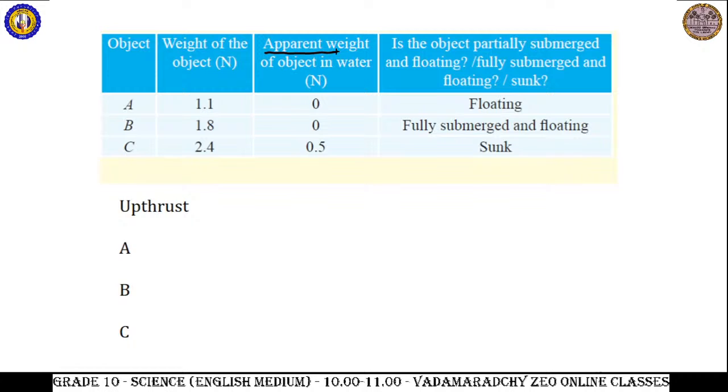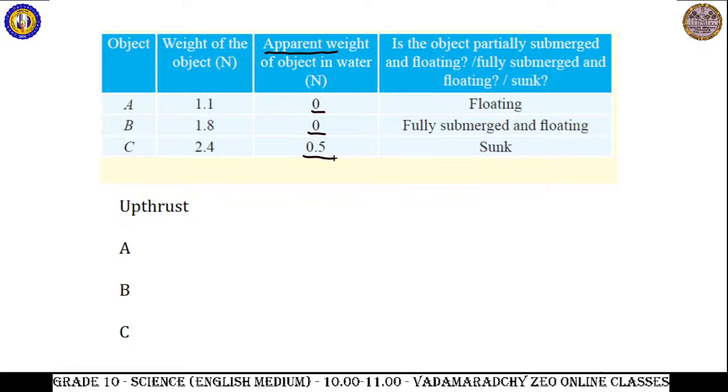The apparent weight of A is 0. The apparent weight of B is also 0. And then the apparent weight of C. That is the Newton balance reading we take after the objects reach equilibrium in the water. The apparent weight of object A is 0.